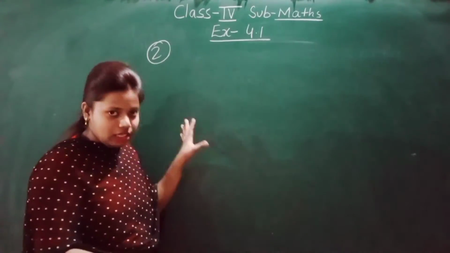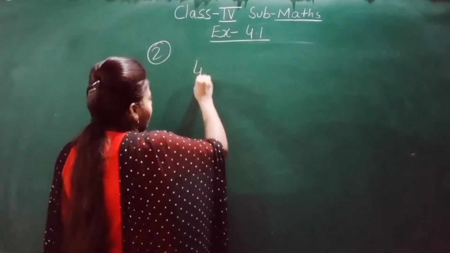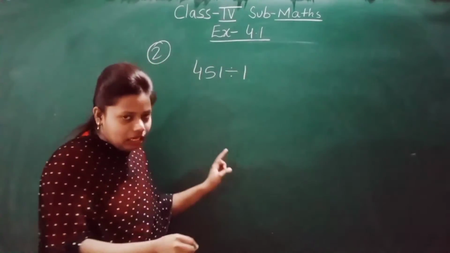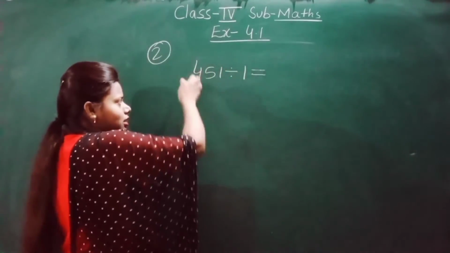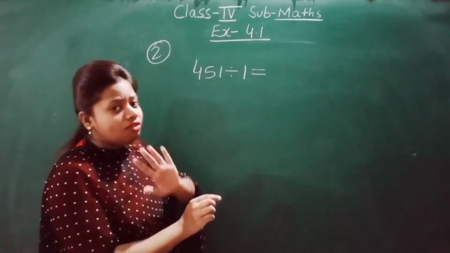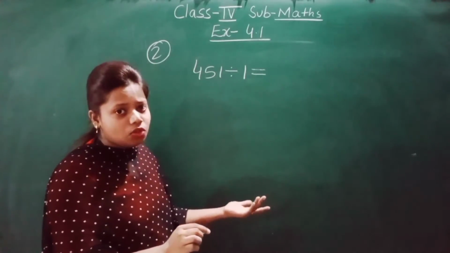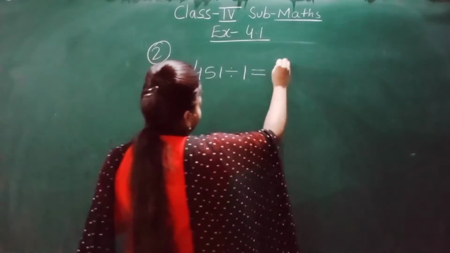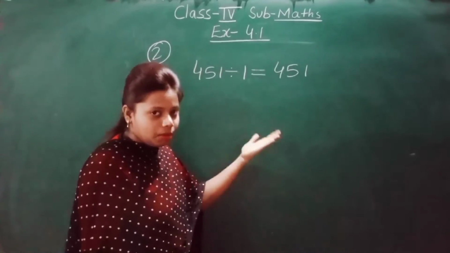Any number divided by 1, the quotient is the number itself. So whenever you see any number divided by 1, you write the same number as the quotient, for example 451. The quotient will be the number itself.